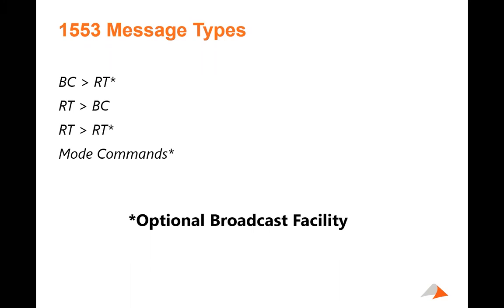This isn't initiation. This is what the operation of data transfer is actually looking at when you see this order. And then you have the RT to RT. This is always started by the BC telling one RT to send, typically sending data to another RT. And then mode code commands.